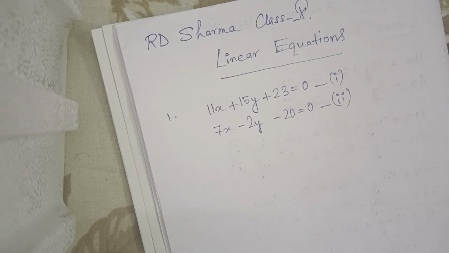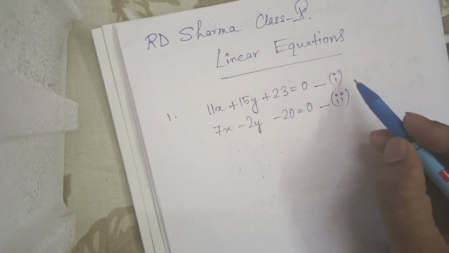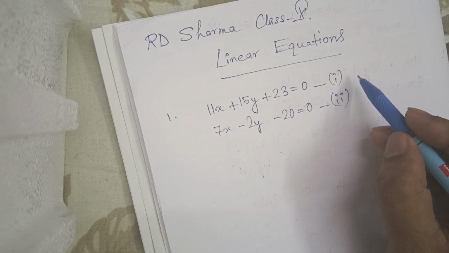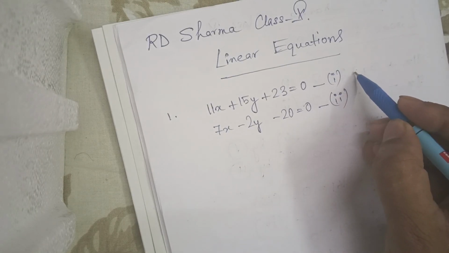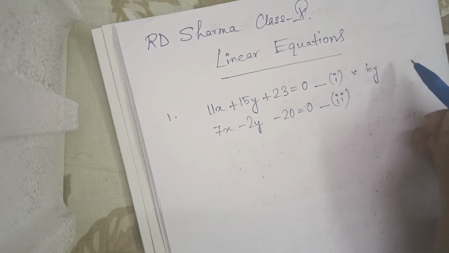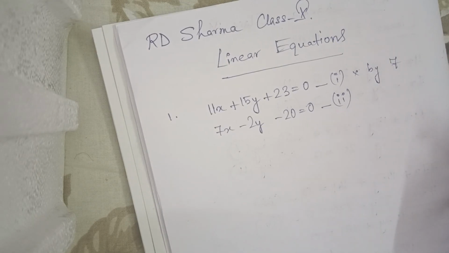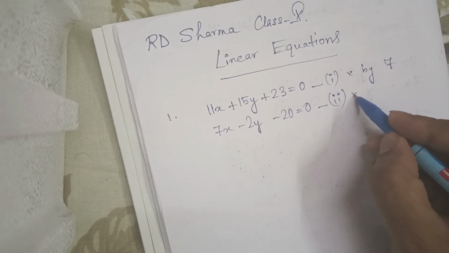Now we'll adjust both of the equations by multiplying them with suitable numbers. For equation 1, we'll multiply it by 7. And for equation 2, we'll multiply it by 11.